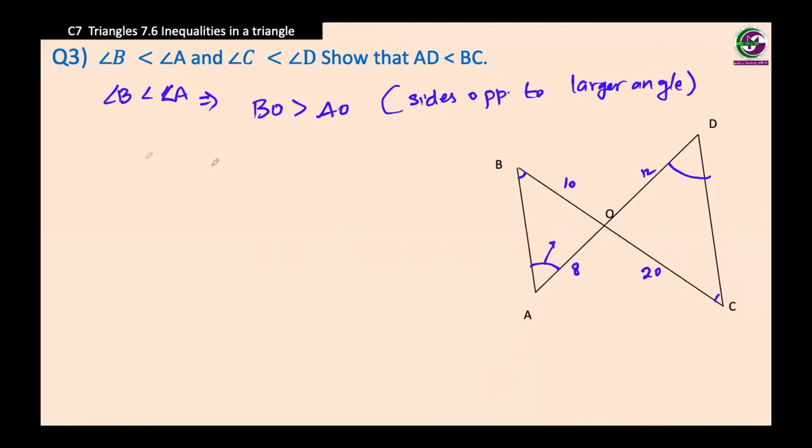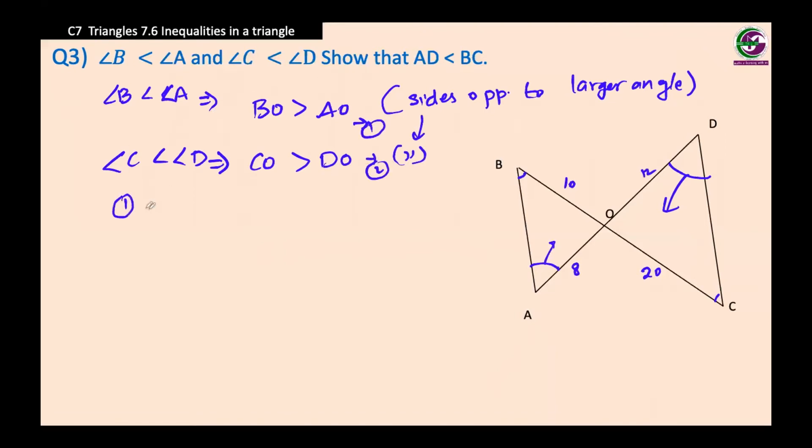Next, angle C is less than angle D will give us CO, which is opposite to angle D, is greater than DO, for the same reason. This is equation 1 and this is equation 2.